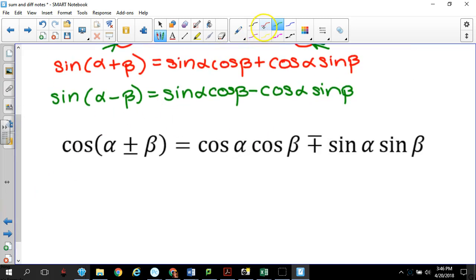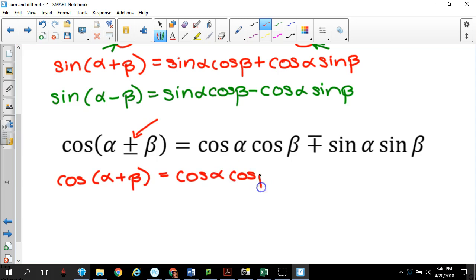Likewise, I have the cosine one right here. If I take the top operation, so if I'm adding, cosine of alpha plus beta, that means I have cosine alpha cosine beta, and the top thing here is a subtraction, so it's minus sine alpha sine beta.